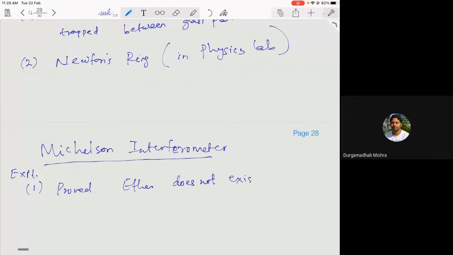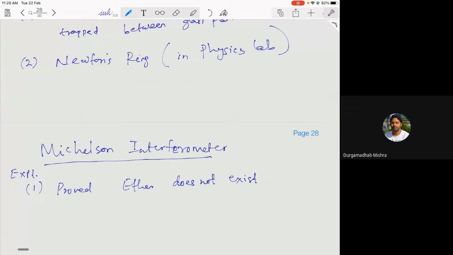Because when Maxwell proposed his electromagnetic theory, at that time everyone thought that any wave needs a medium to propagate. There is no way your electromagnetic wave can move without any medium, and people believed that ether, which surrounds everywhere, all the space around us, is filled by ether, and the electromagnetic wave propagates through this medium.